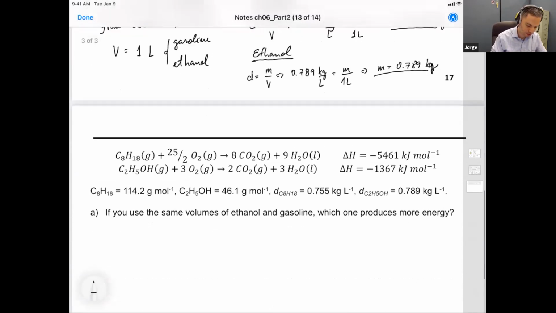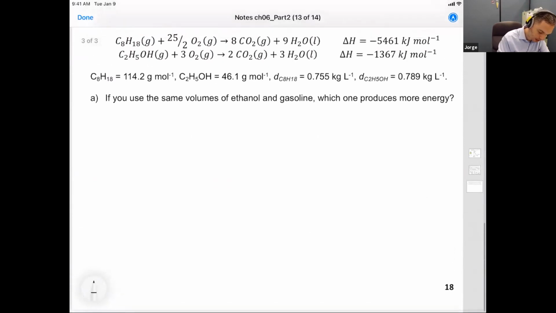And that's going to be our second step. The second step is to find the number of moles.